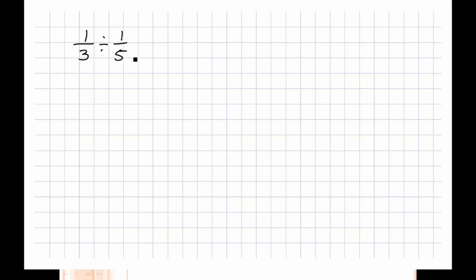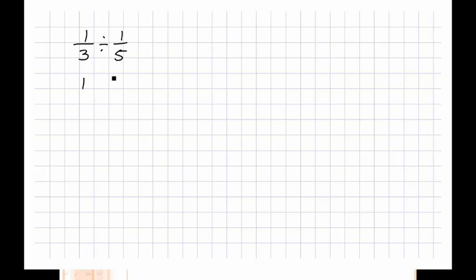1/5. Now, notice I have 2 unit fractions. Now remember, a unit fraction is something that's smaller than 1. So if I look at this 1/3, the next whole number that's larger than 1/3 is the number 1.